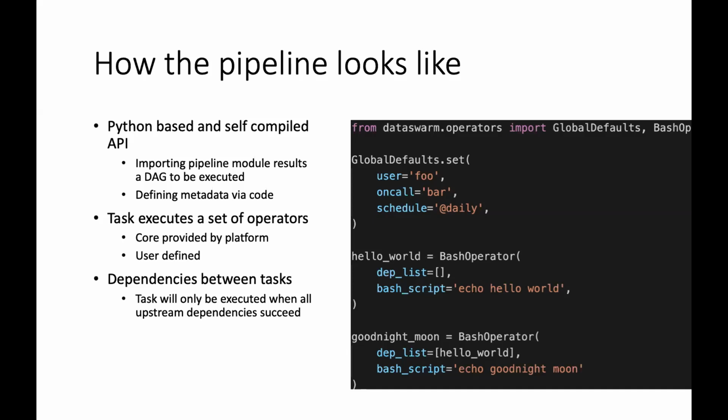A user can also define their own operators, create extensions on top of the platform, and share them with other users to be used by them as well. So this platform itself is extensible. As I mentioned, we also support dependency between tasks by using the deps list. So all the upstreams must be satisfied before it can be executed.